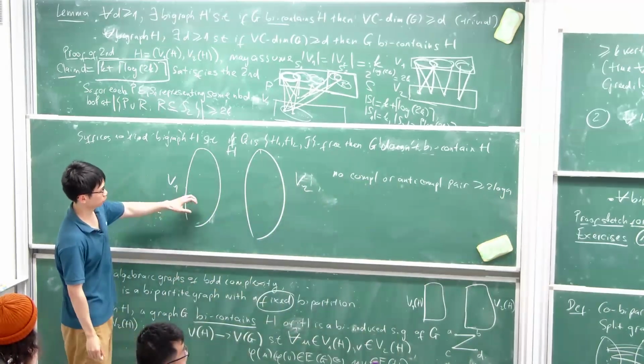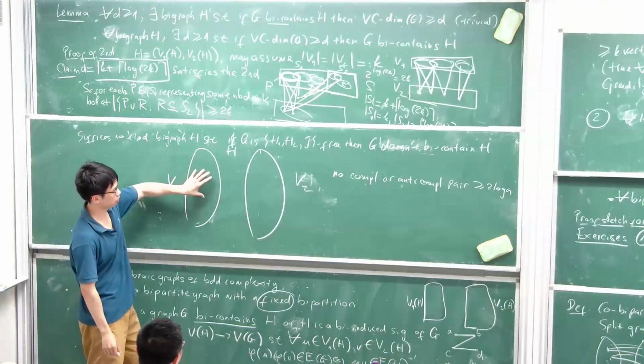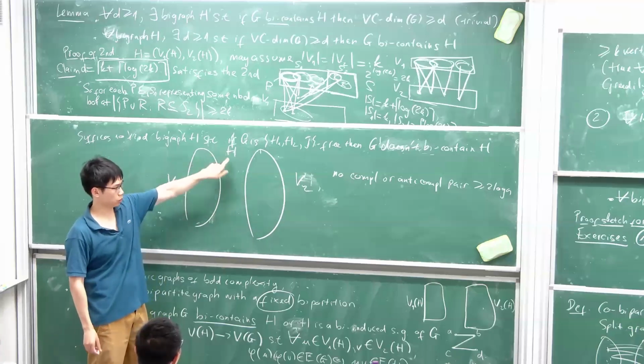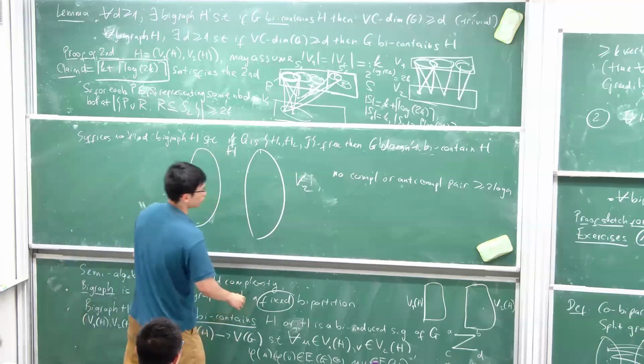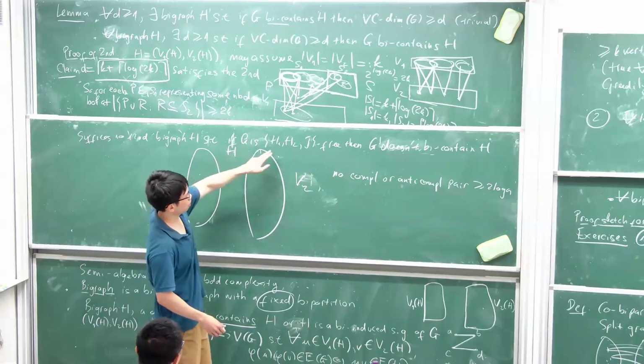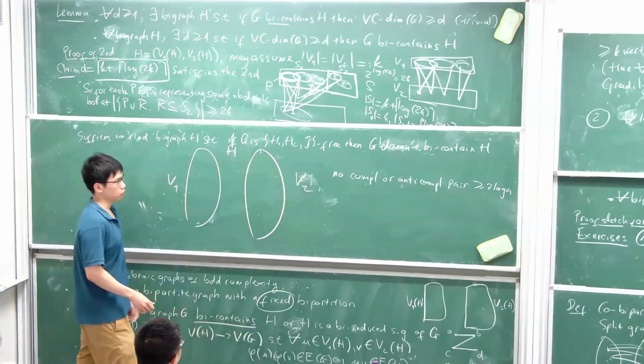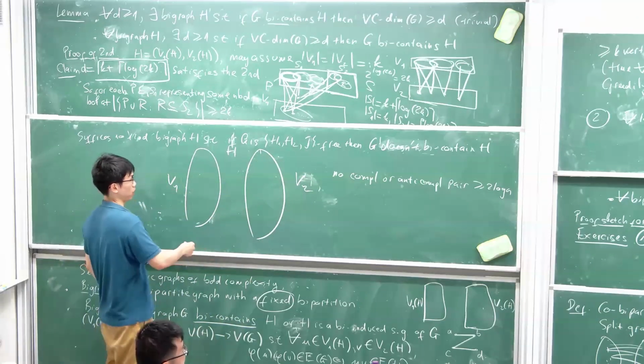Now let's suppose that G contains this bigraph H, and with the assumption that G is H1, H2, and J3-free, you can use the Erdős–Hajnal bound.